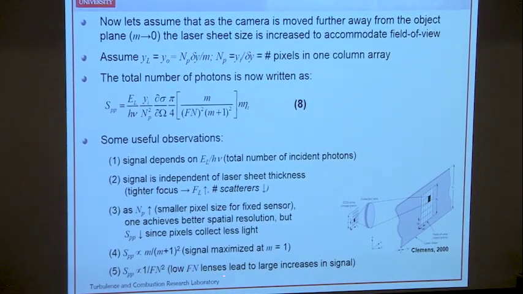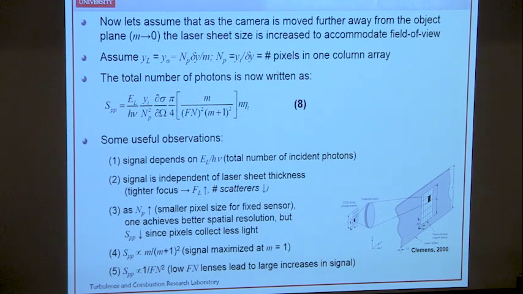So low f number lenses lead to large increases in signal. So you'll have an F number on your lens, and again, as you go from, let's say, 5.6 to 2.8 to 1.4, you've played around with this before, so you know that the light goes up dramatically. It goes up essentially as the square of the F number. So again, low F number, very high increases in signal.